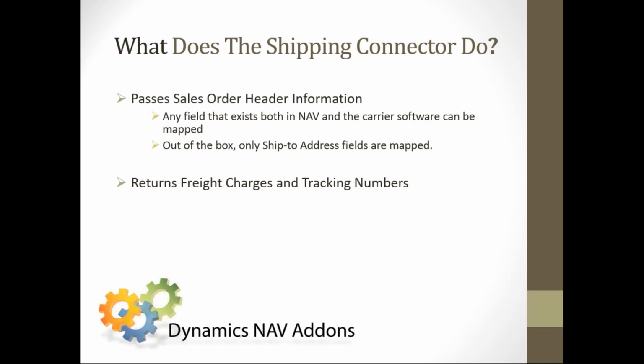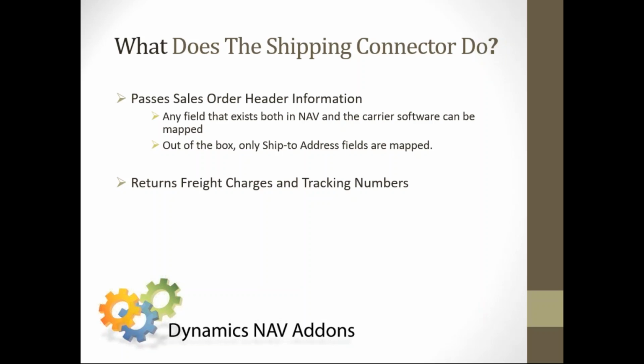Now, recently we've increased the number of fields out of the box that are mapped, and we've added the ability to store third-party billing information, recipient billing accounts, even blind shipments are available. So the idea that out of the box only ship-to address fields are mapped is no longer true. We map a lot of information out of the box. In fact, most information that most people need to have.